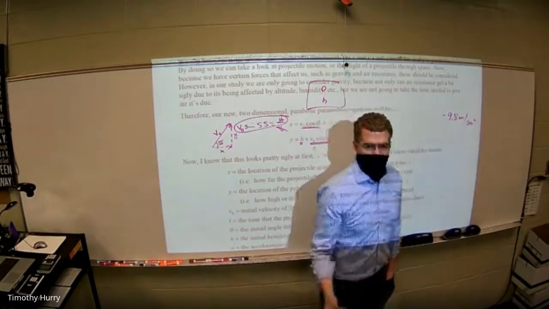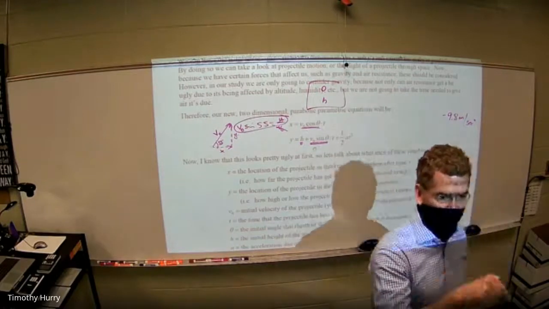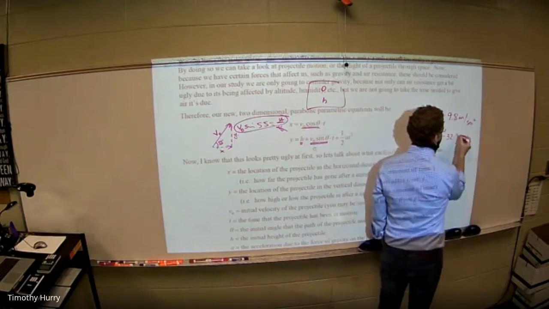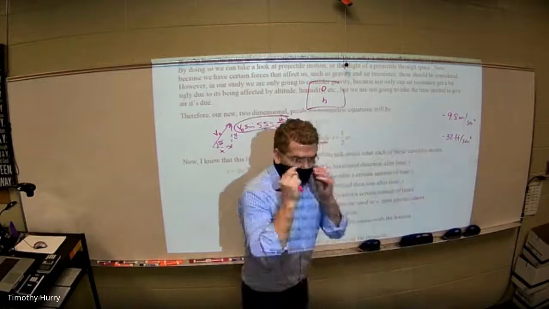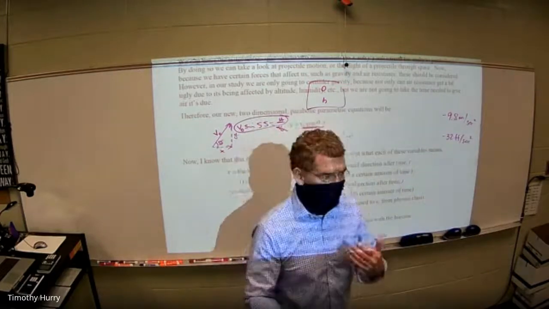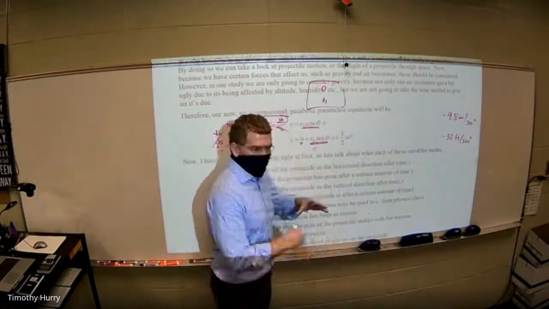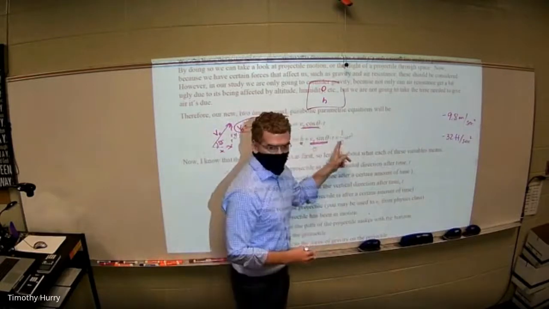Right? Now, in my examples, I'm going to use feet. So instead of meters per second squared, I'm going to use feet per second squared, and that would be negative 32 feet per second squared. All right, now, the way gravity works, and you won't really know this until you learn integration and how to take a derivative, but when you apply some calculus to these formulas, this shows up.